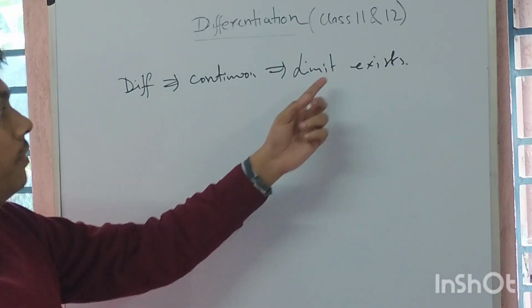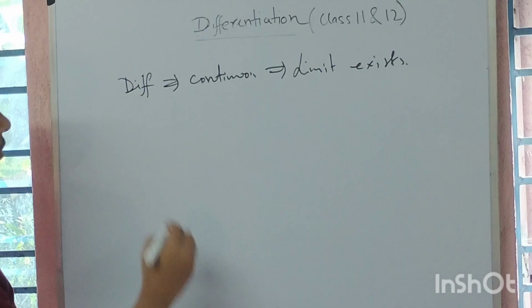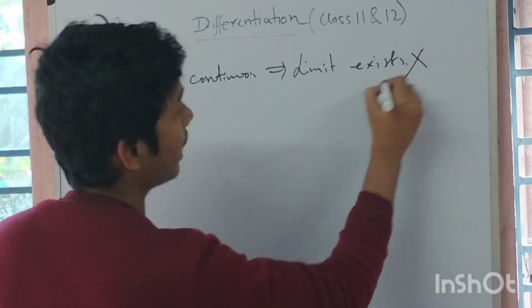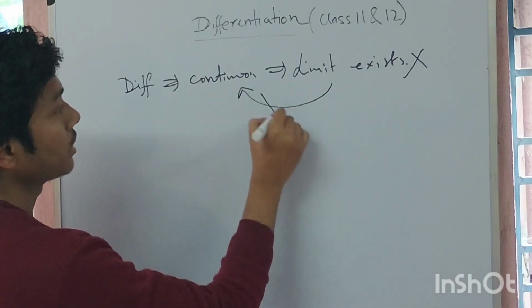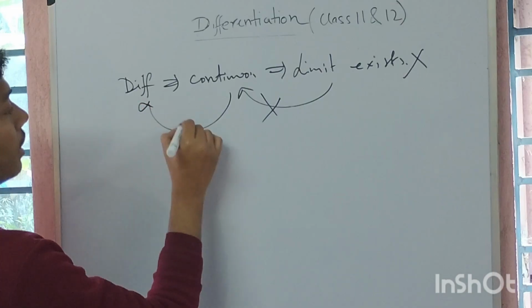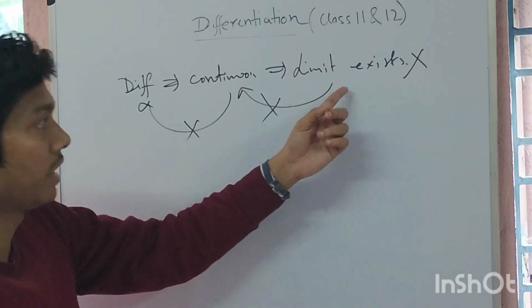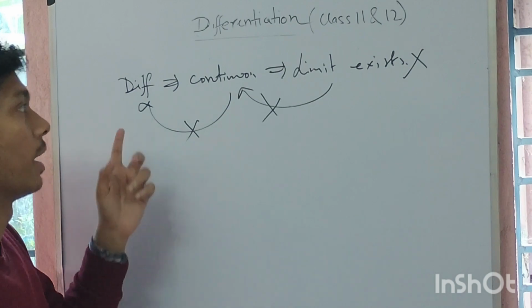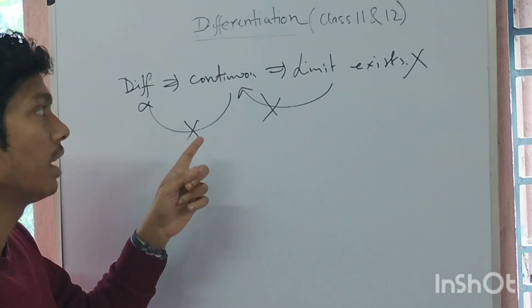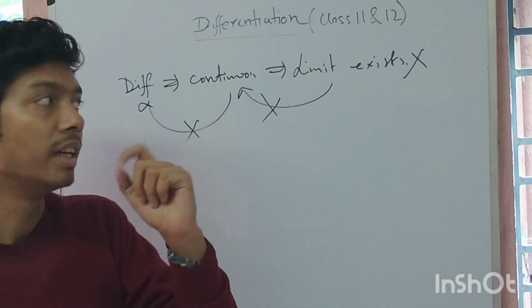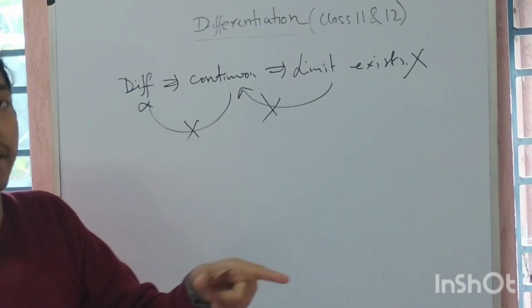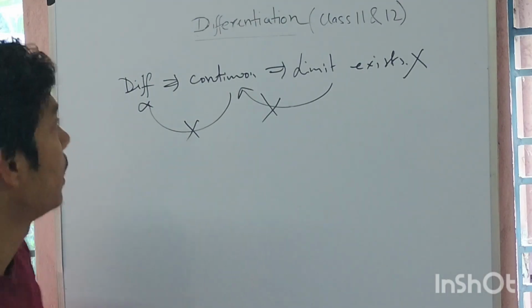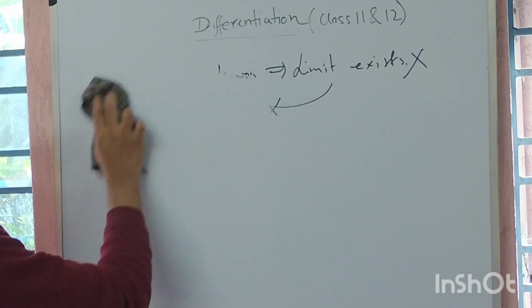But if the limit doesn't exist, then it can't be continuous and it can't be differentiable at all. But if a function is differentiable, then it must be continuous and its limit must exist at that point. Fine. It's a very well-known and very important thing.